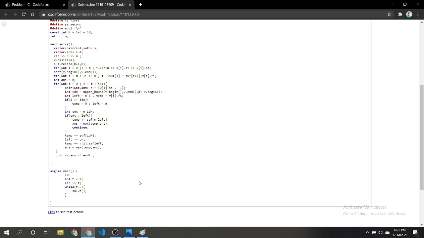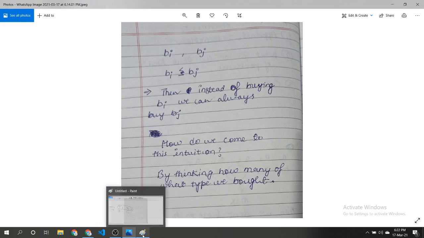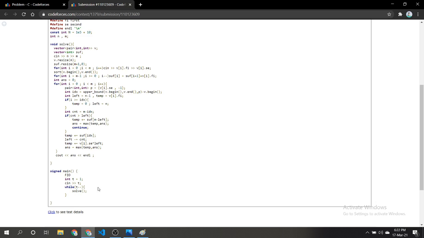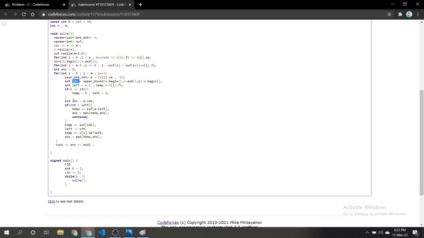As I have to add all the flowers which have first price greater than my i-th flower's second price, I am keeping a suffix array such that when I do lower bound, I will just add all the first prices from idx, where the first price is greater than my second price, because suffix idx will have the sum of all the first prices from idx to n minus 1 index. That's how I do this.